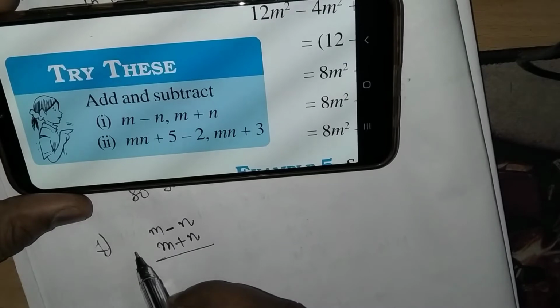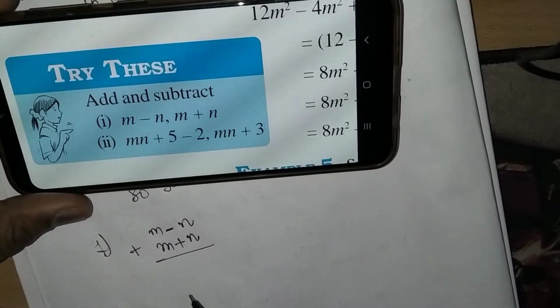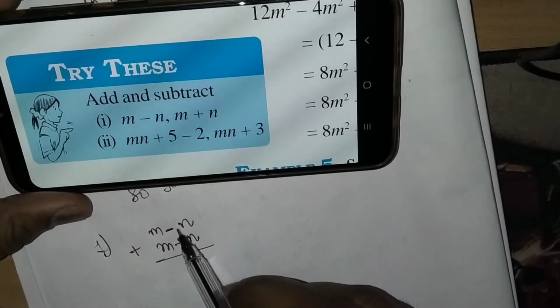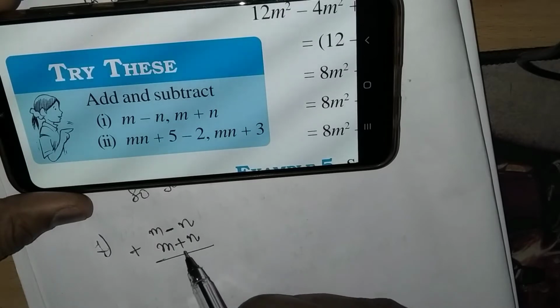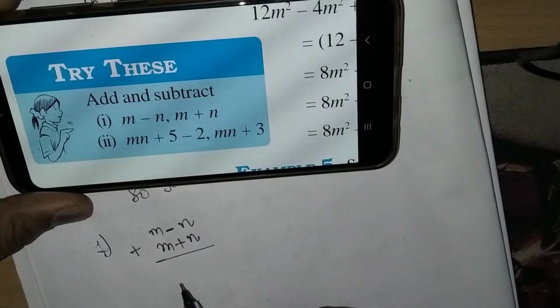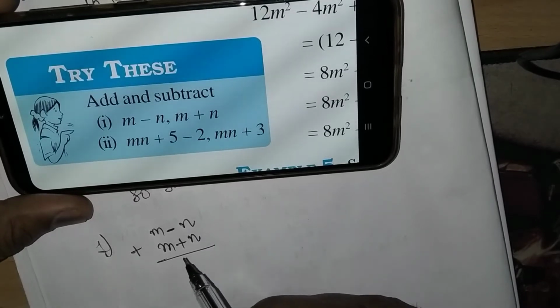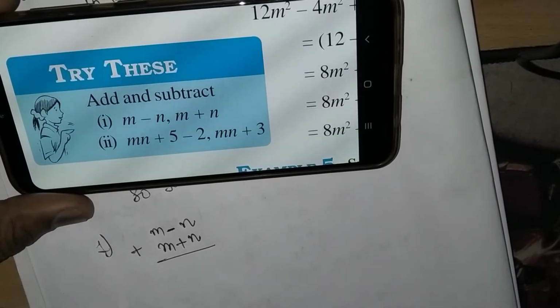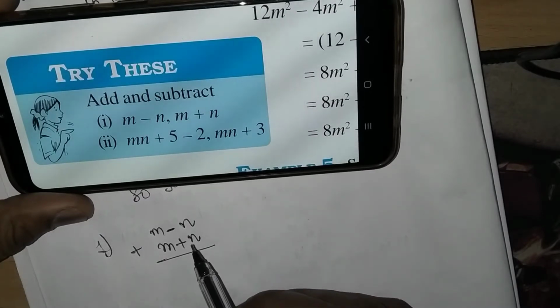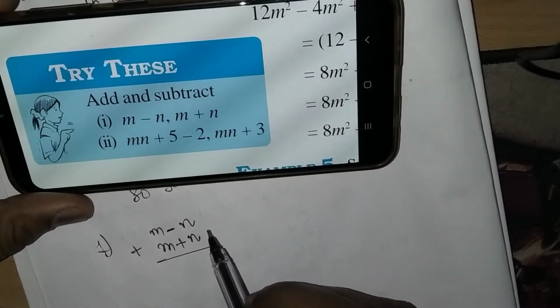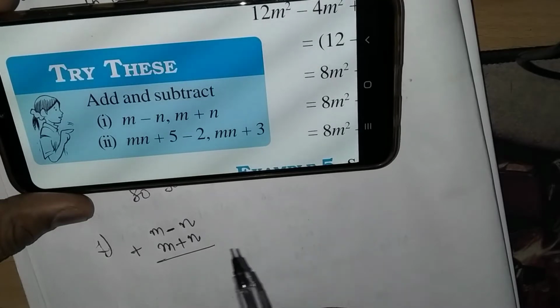If you are adding, then because this one is of negative sign and this one is of positive sign, the numbers which are equal in quantity but the signs are different, they will terminate each other.